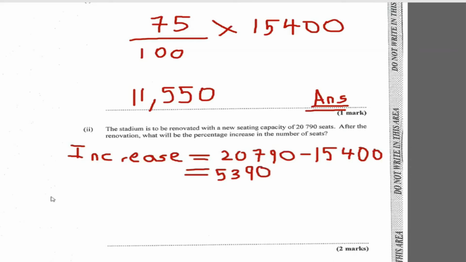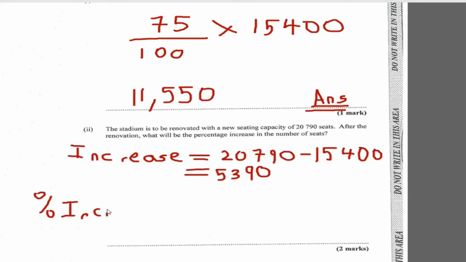To find the percentage increase now, it is the total number of increased seats, which is 5,390, divided by the original capacity, times 100. Remember, we always multiply by 100 to get the percentage increase.